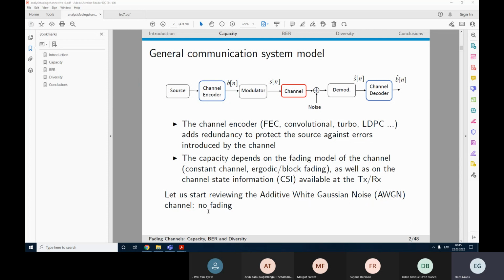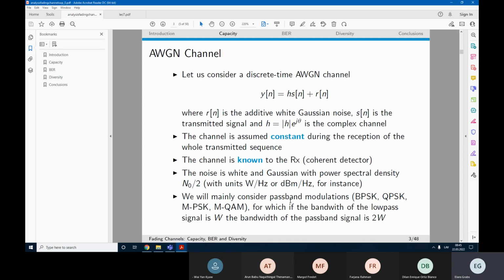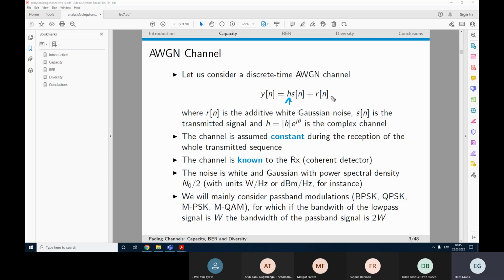So here we are talking about the no fading case, and we have already modeled this channel. The idea here was quite simple. We had this channel response, which was actually this filter, the root raised cosine filter impulse response.